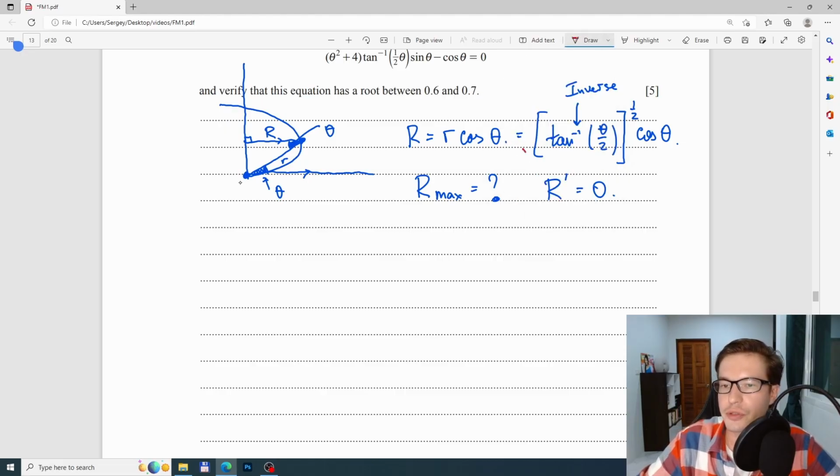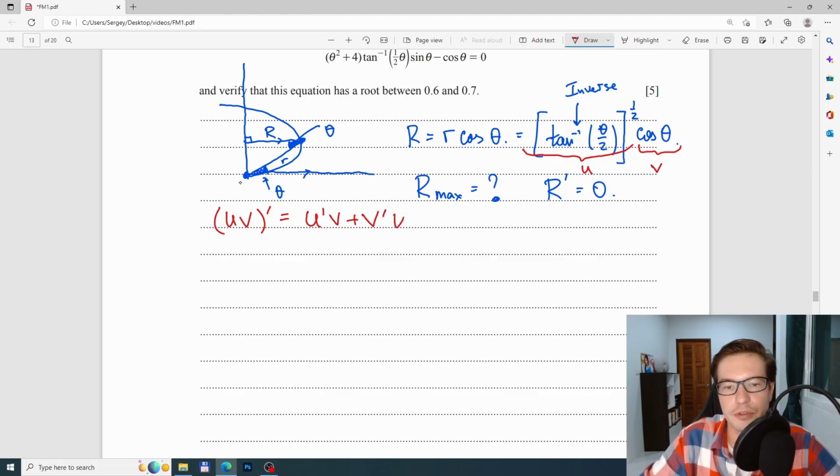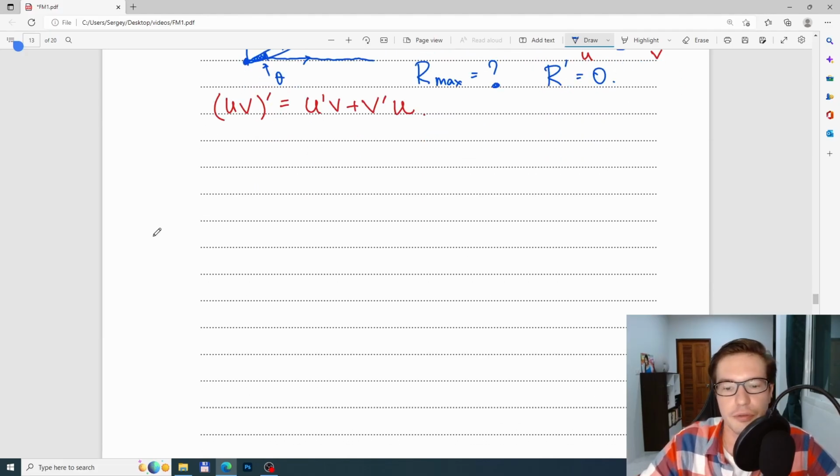So we're going to use the formula for the derivative of a product. I will say that the first bracket is u, and then cosine theta is going to be v. Now recall the formula for the derivative of the product. uv derivative equals u derivative v plus v derivative u. And now our goal is to just carefully use the formula.